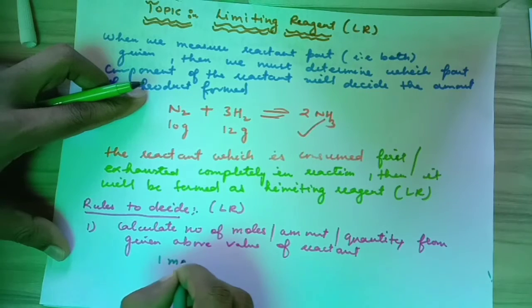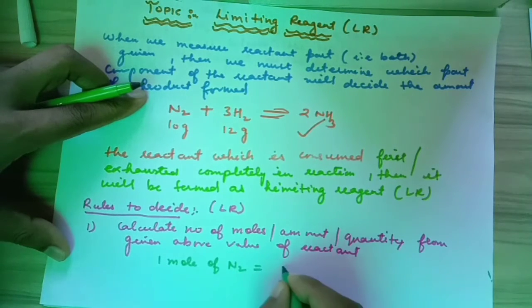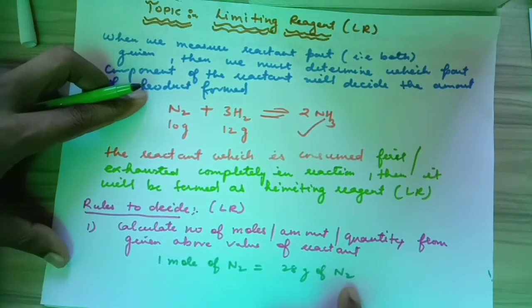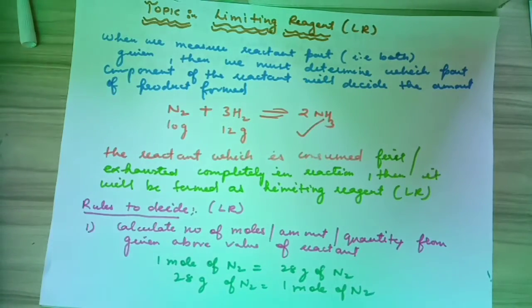So let's write that 1 mole of nitrogen will give how much gram of nitrogen? That will be 28 gram. That 1 mole of N2 will give 28 gram of nitrogen. So can we write 28 gram of N2 will give 1 mole of nitrogen? So reverse order is possible. It's correct. Now let's see.